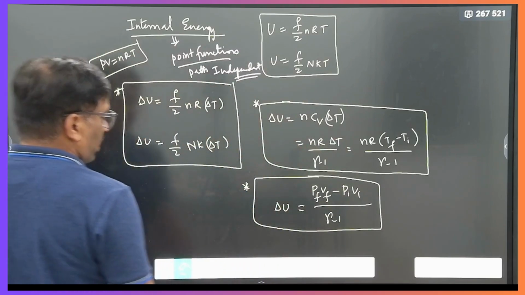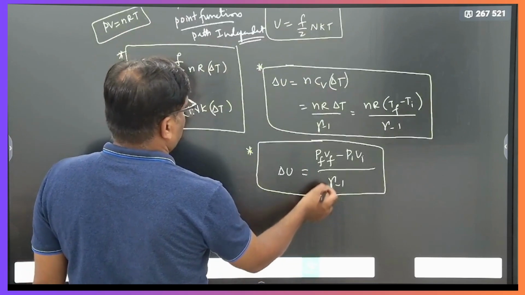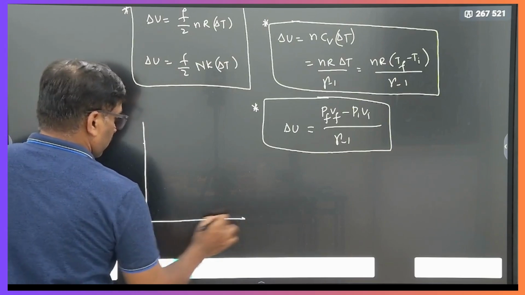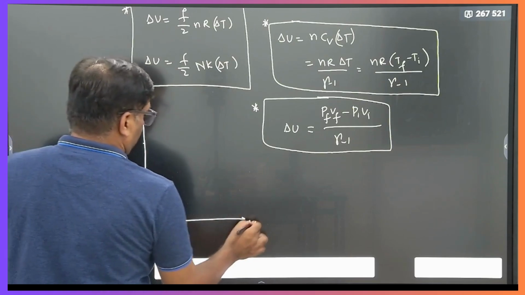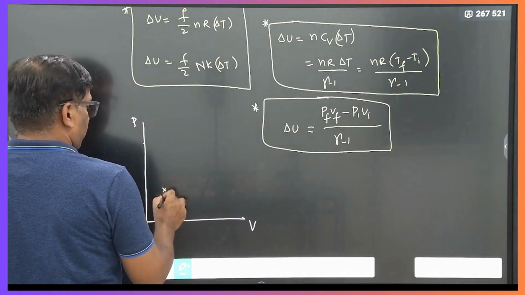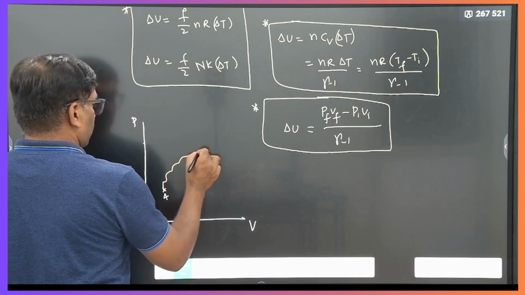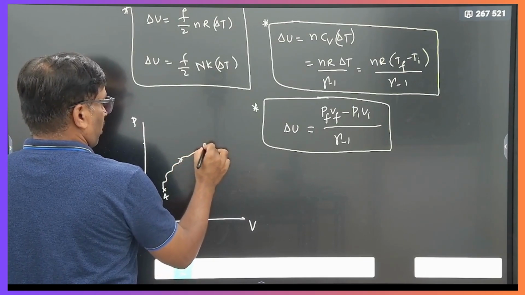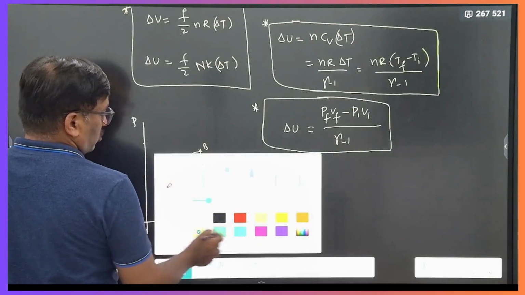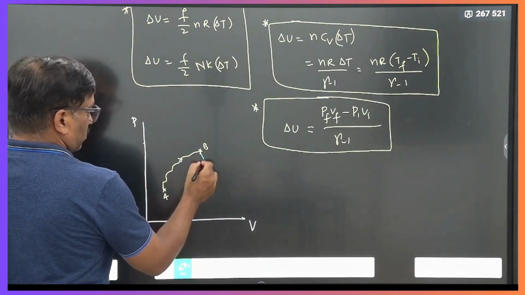Here is one important point mostly asked in the examination. Let us do it. Here this is a PV graph. We will take it from A to the point B, and then again return from B to A in a different path.